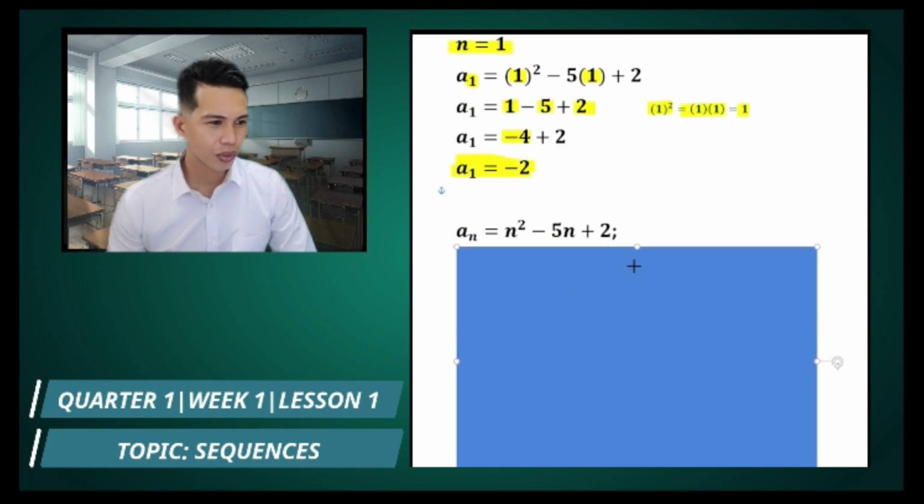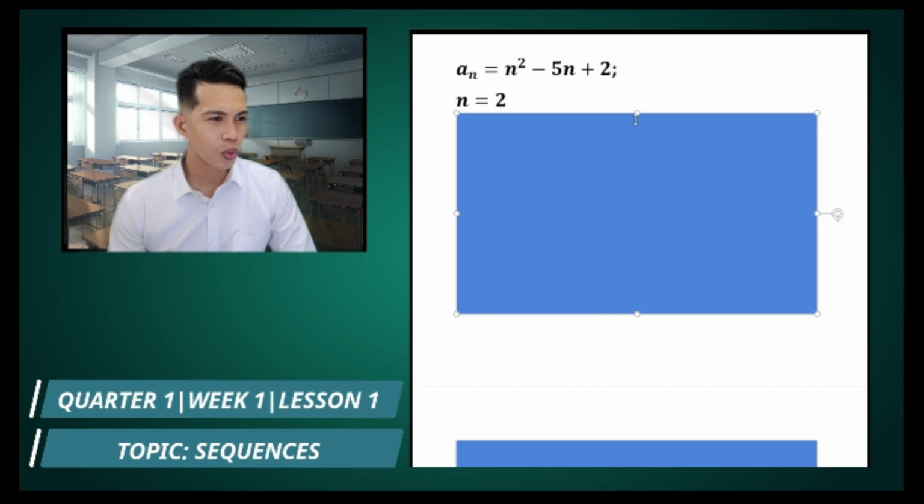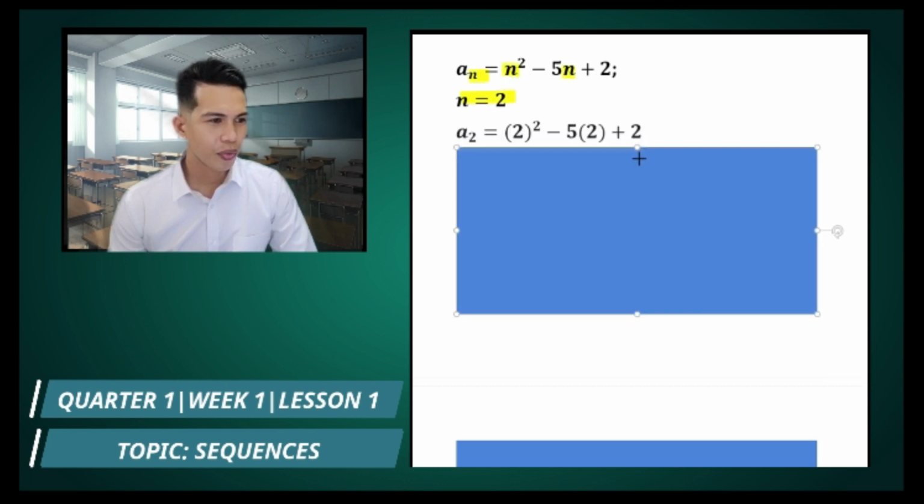Next is solving for the second term. We will assign n equal to 2, then substitute all the values of n by 2. Therefore, we have a sub 2 equals 2 squared minus 5 times 2 plus 2.